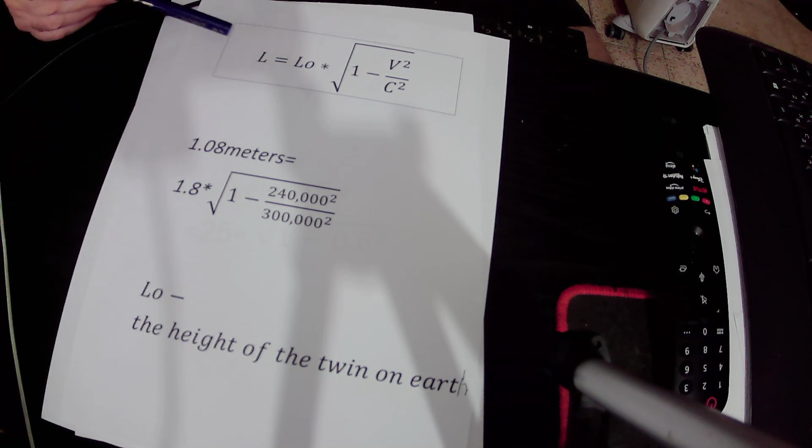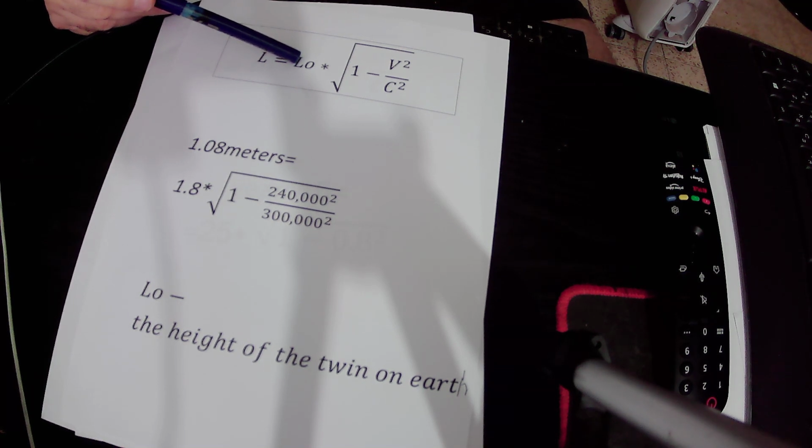So, as I have already said, L is the height of the twin brother that travels at the speed of 240,000 kilometers per second, and L naught is the height of the twin brother that travels in the spacecraft, his height on Earth.